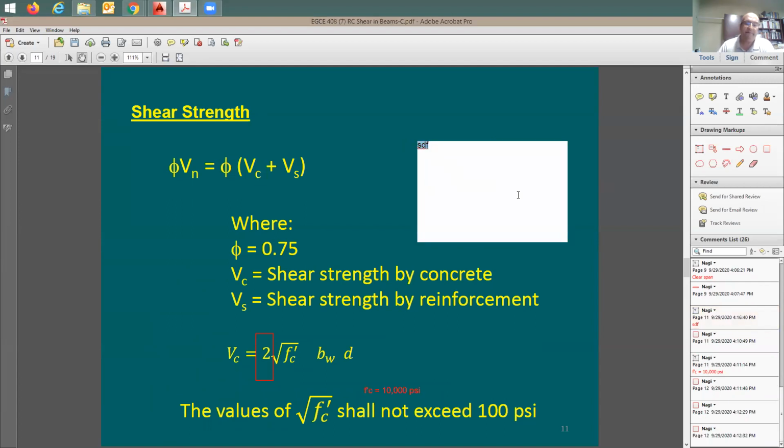I'm just assuming here, Vu equals, in one of the beams I was analyzing, 50 kips. So fine.